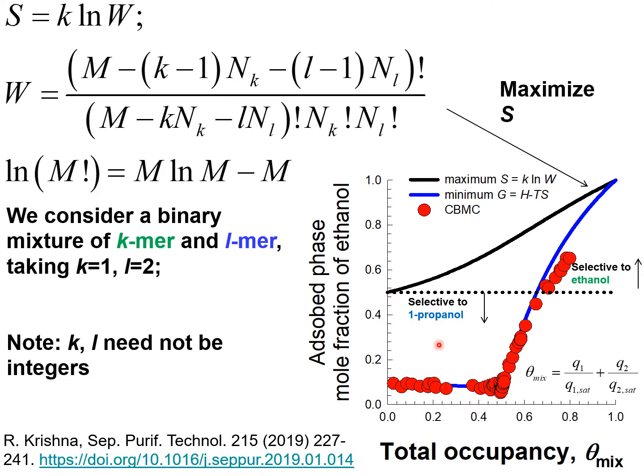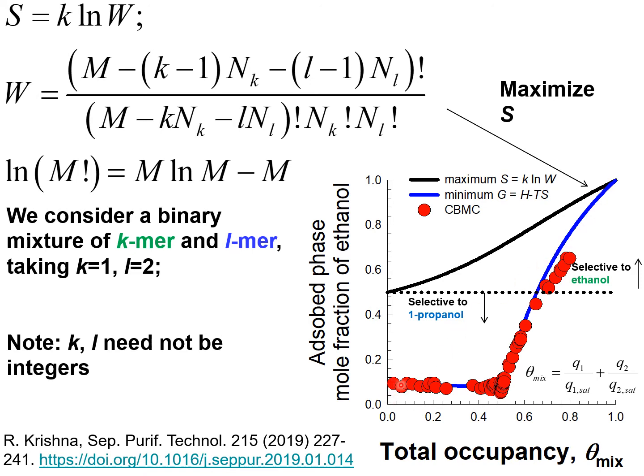Whereas with increasing occupancy, for entropy maximization, the composition of the Kamer, which is ethanol, becomes increasingly in favor of the component with the higher saturation capacity. And at an occupancy of 1, the adsorbed phase contains only ethanol.